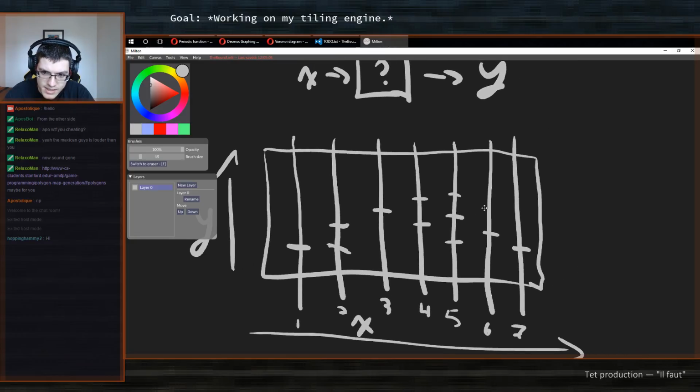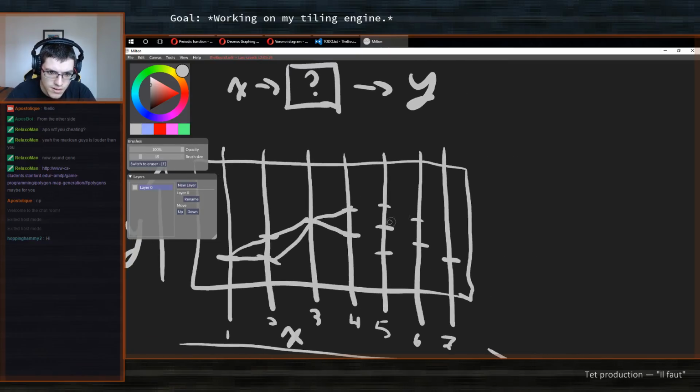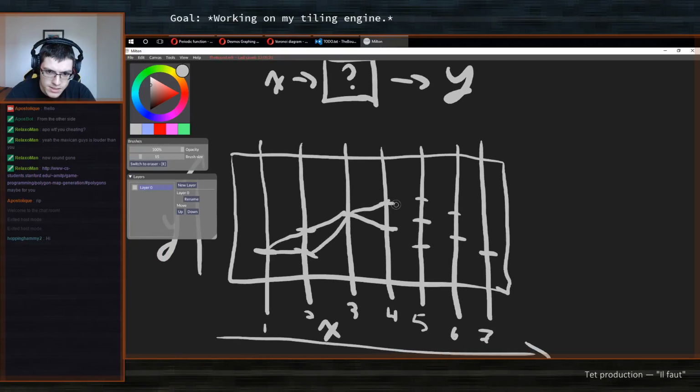Then at 6 it drops back down to 2, and maybe at 7 it drops. When you start to connect the dots, it does this, and this splits into 2, then 5 splits into that.